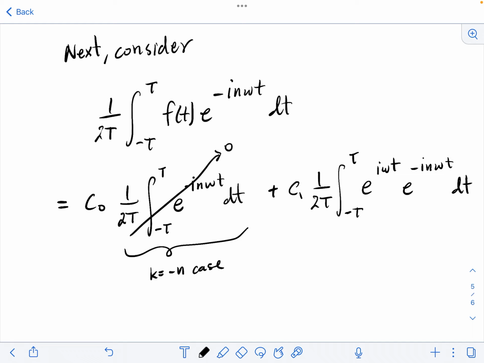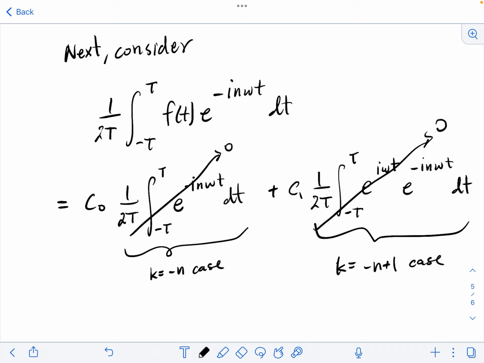So this is just the k equals minus n plus 1 case. That's just some integer, and this will evaluate to 0.